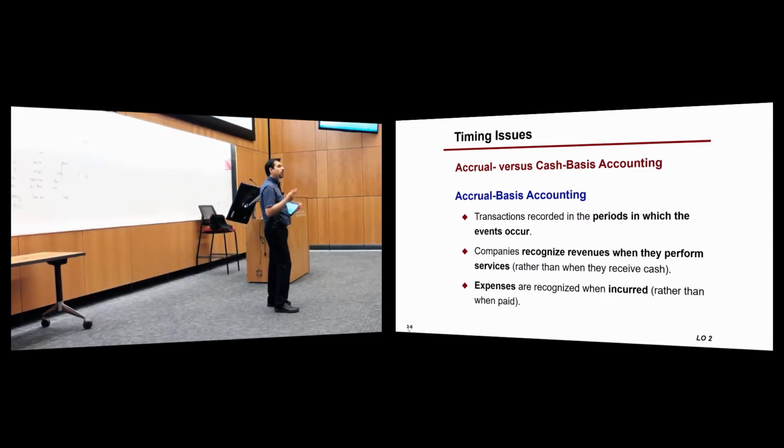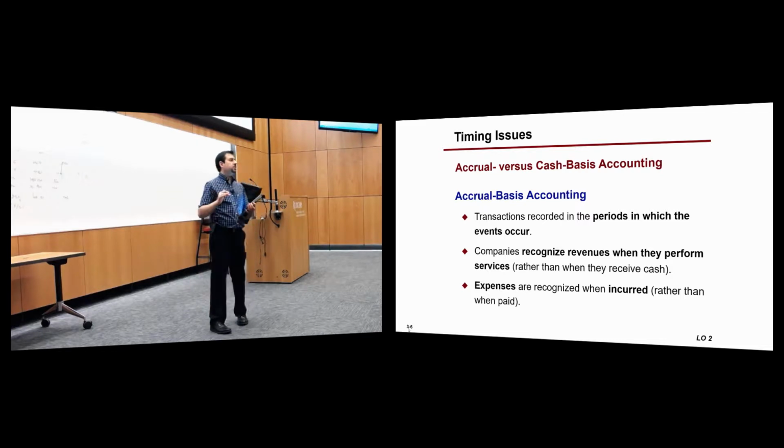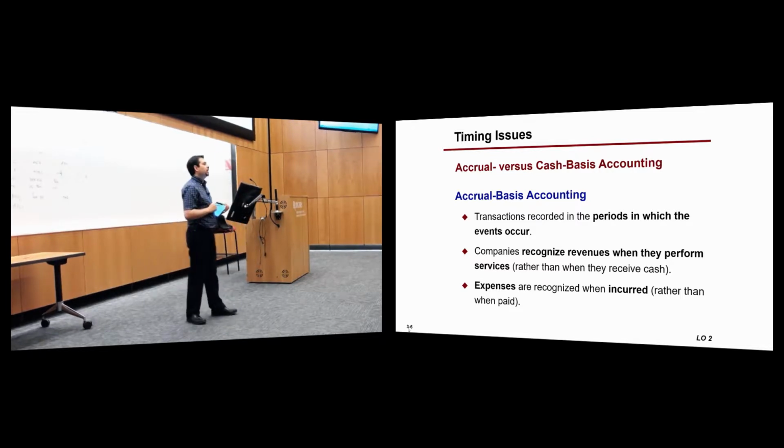The company provided the service. You remember the three billboards? The first billboard was completed in September. When did that event happen? Yes, September. So when will the company recognize that revenue?